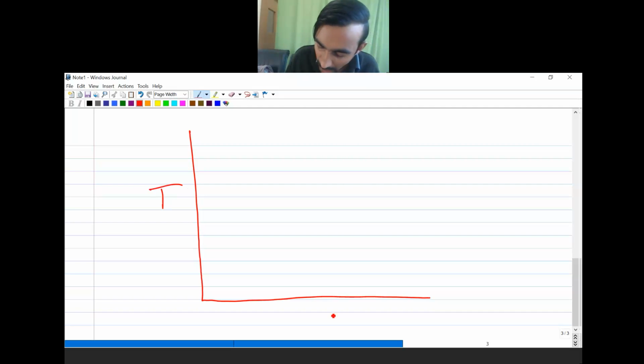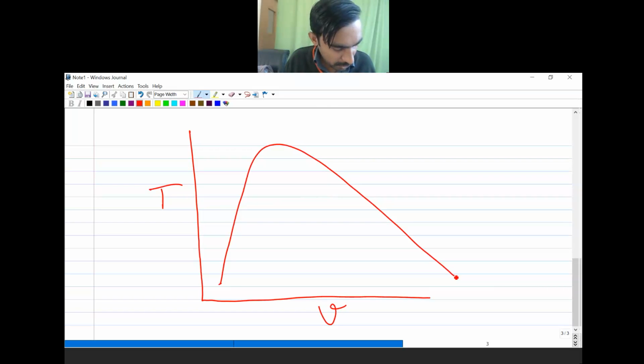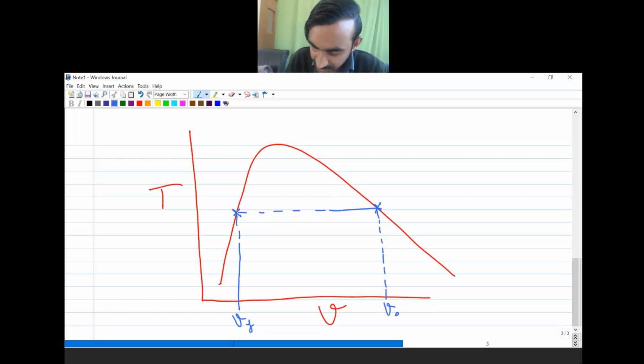So what I was doing, I was explaining temperature and volume. At this particular point, I will be having complete saturated liquid. The volume corresponding to this will be Vf, and at the same condition of temperature and pressure, the volume corresponding to the right side is our Vg, and the difference of these two volumes is Vg minus Vf, which is many times referred to as Vfg.